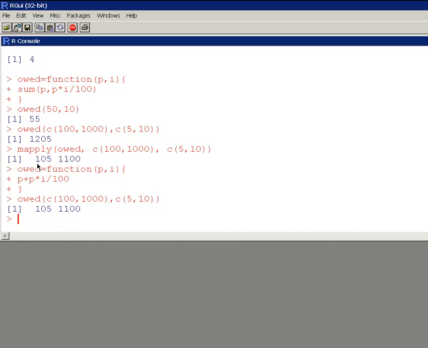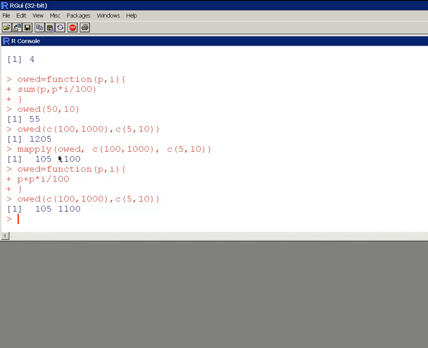So I was confused. I was trying to make an example where it wouldn't treat the vectors properly, but it was. And the reason is that the plus operator already sort of handles vectors. Once you put in the plus operator, plus sort of vectorizes it already. So you wouldn't really need to do the mapply.